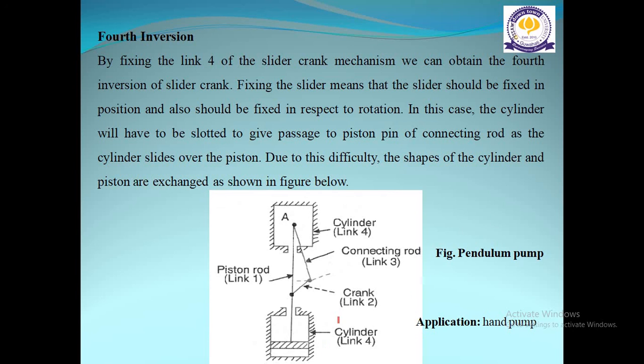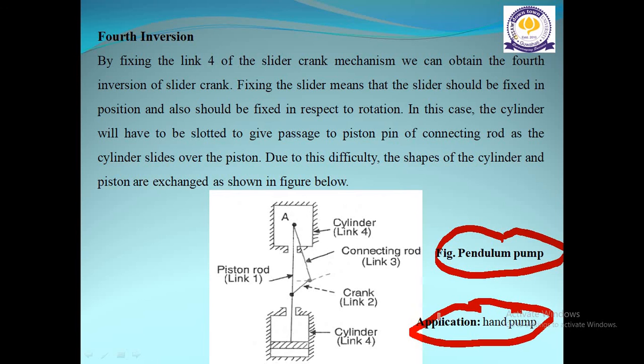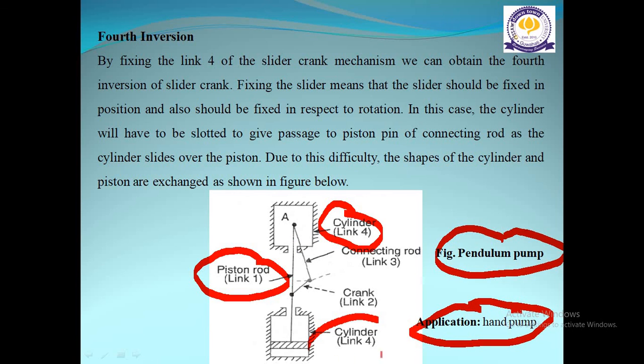Here you can see the figure of a pendulum pump, one application of which is the hand pump. Here you can see the piston rod, that is link 1, and link 4, that is the cylinder, is the fixed link, which is fixed at both ends.